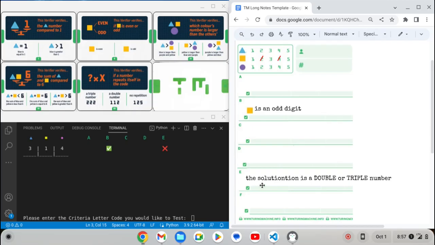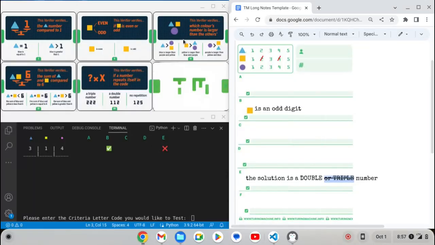So let's go ahead and update the notes here. Let me correct some spelling. And let's also cross out the triple, since again there's no way it could be a triple number since we do have a largest digit. So that means that we do have a double.